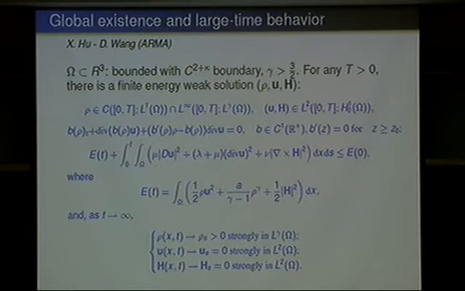You need this to control the oscillation of the density. And you can also look at a large time period. So as t goes to infinity, this rho goes to a constant, and this goes to 0, which is also the equilibrium state. So this is in the sense of Lions and Feireisl.